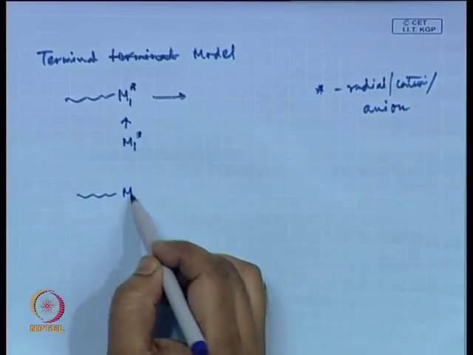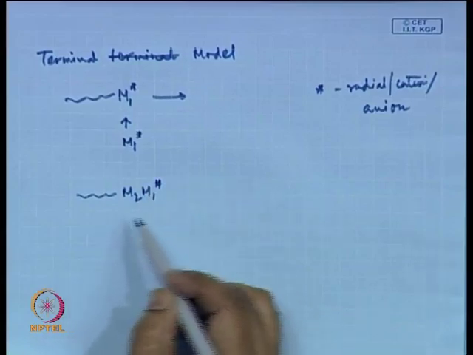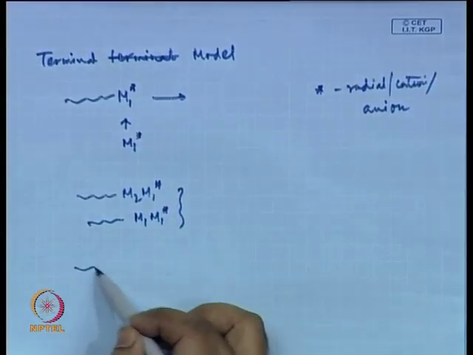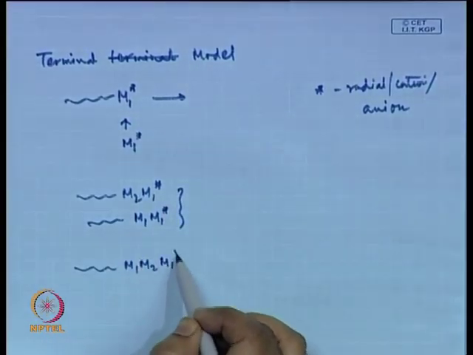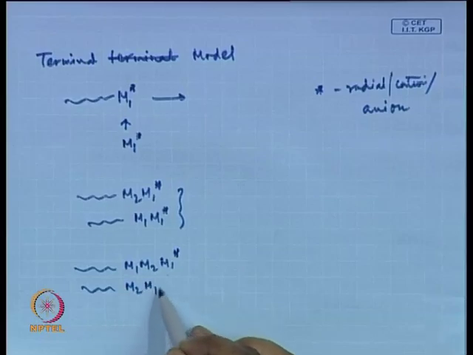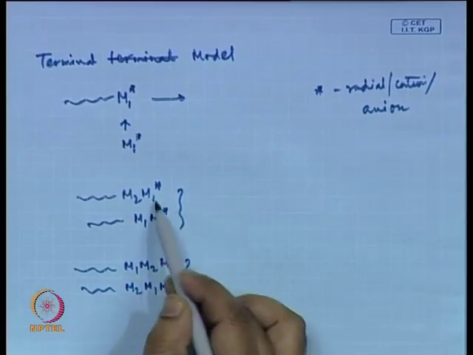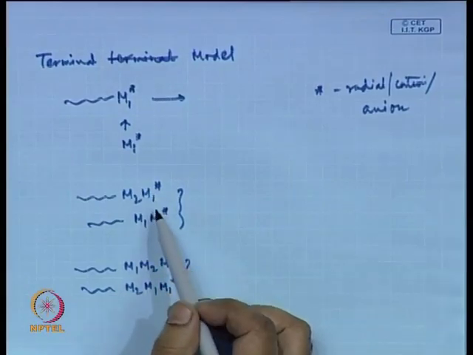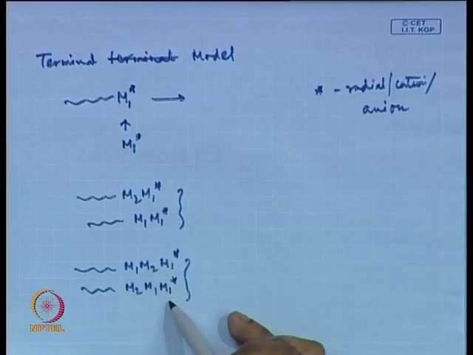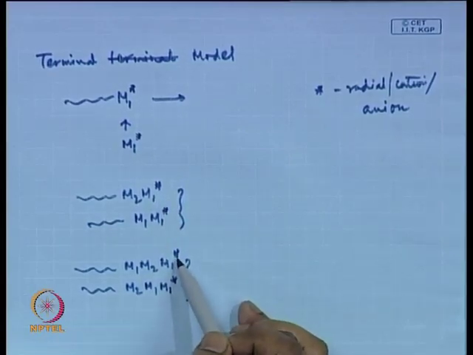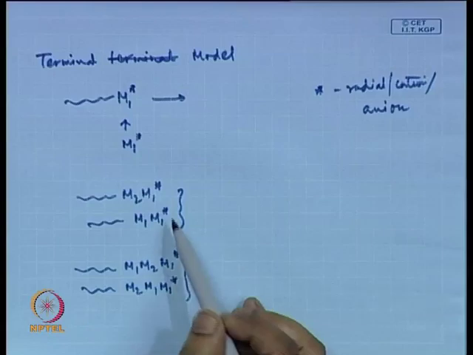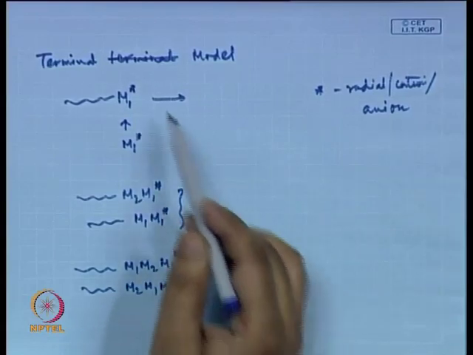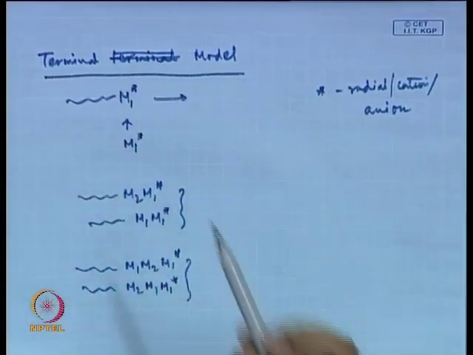To elaborate this, if we have say these two or these two, because in all these cases the terminal group or the monomer unit which is present at the growing end are the same, all these will have the same chemical reactivity for the propagation reaction. Okay. So, this is the assumption we are making in the terminal model.